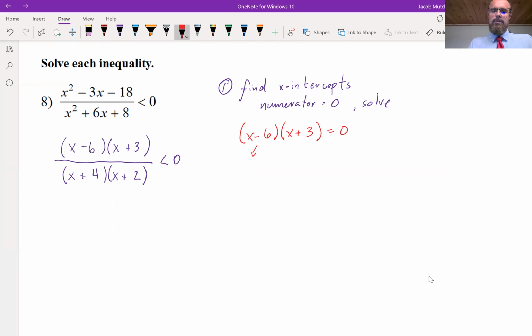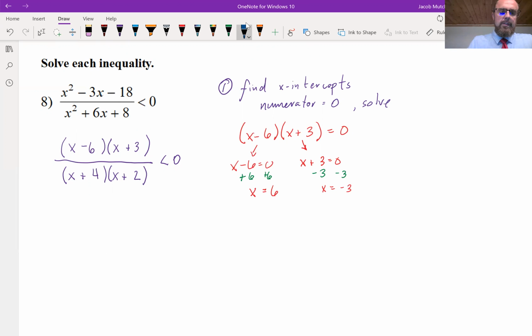And since it's got two factors, I set them independently equal to 0. And then solve those small binomial equations. Easy to do. Add 6 on this left one. Subtract 3 on this right one. So I get two x-intercepts. One is at 6, the other is at -3.